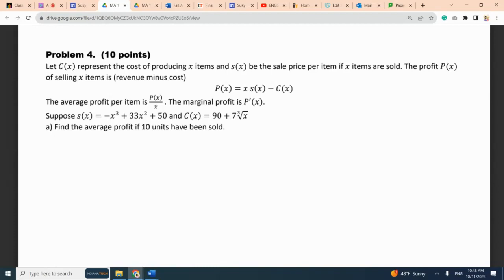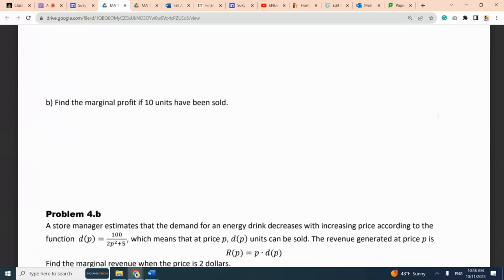And you need to subtract the amount that you cost, then that is the profit. The average profit per item is this over x. Kind of makes sense. Average divided by the number of items. And then the marginal profit is the derivative. So I give you the s and c. You plug in to figure out the p. Then you can compute the average profit and the marginal profit. Okay, everybody?